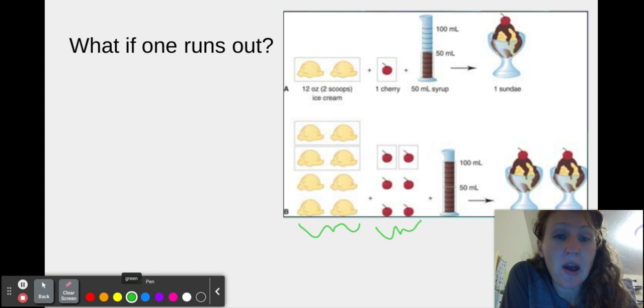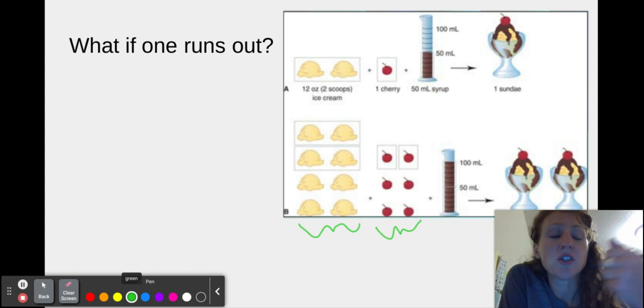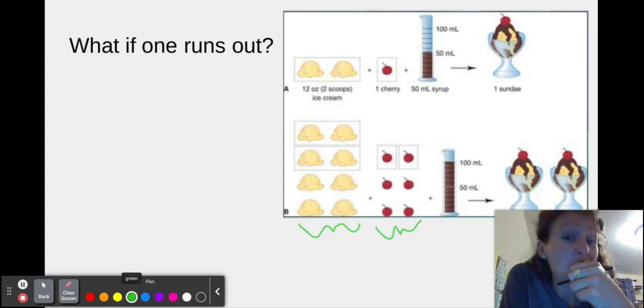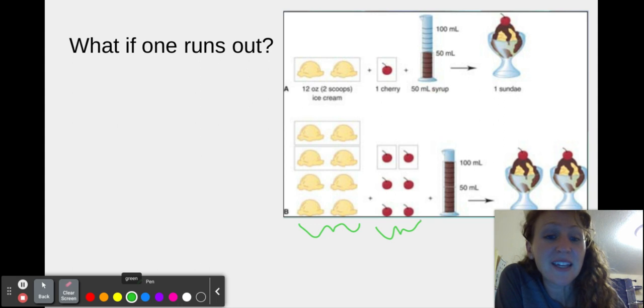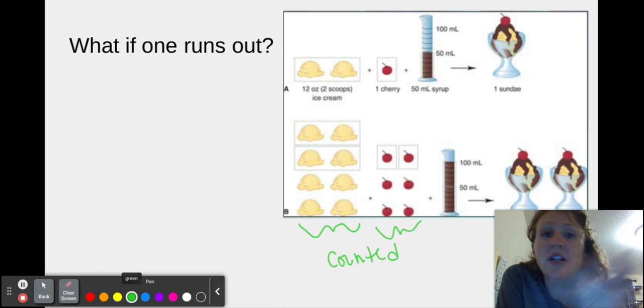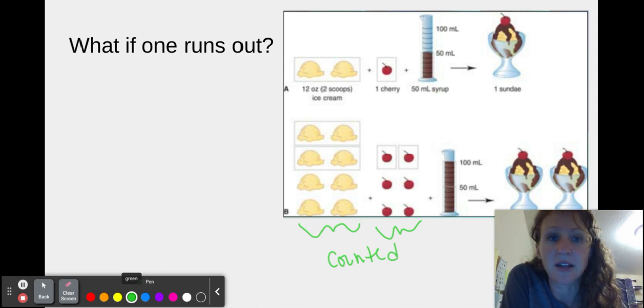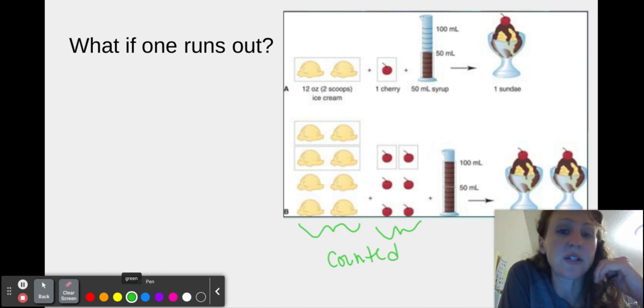So when we're talking about how much ice cream we need to make a sundae, we are talking usually in a counted amount. We're not talking about the mass of cherries we need, right? We're talking about the counted number of cherries we need to make a sundae. And the same is true for ice cream too.